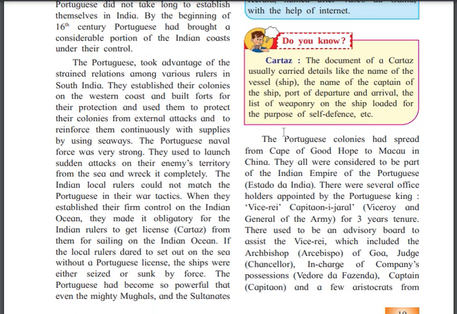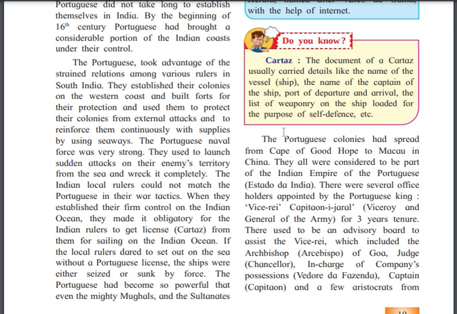Basically, when the Portuguese had firm, full control of the ocean, they made it compulsory for the Indian people to get a license from them if they wanted to travel by the sea route on the Indian Ocean.